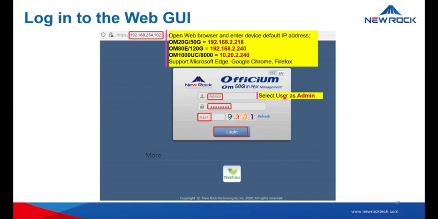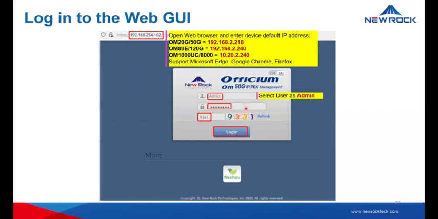Now, you can select whether to log in as admin or as a user. Basically we have two authority levels: admin and operator. Admin can make changes to any configuration, while operator can only change selected configurations.